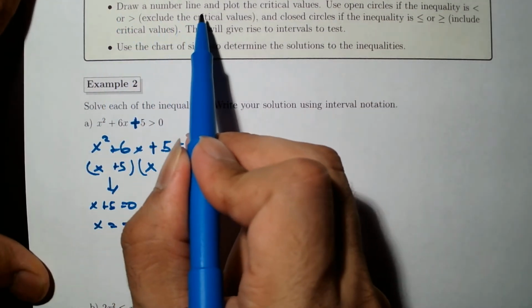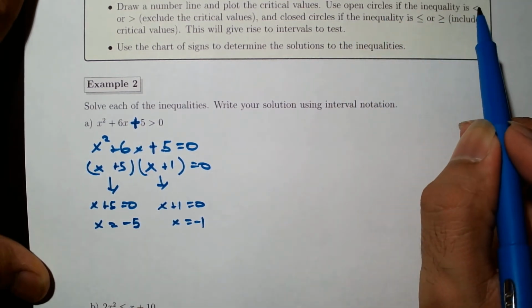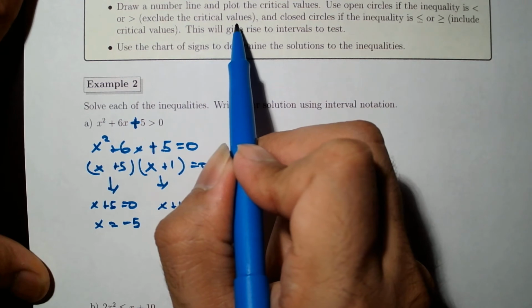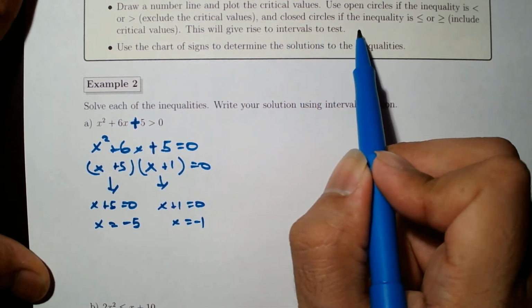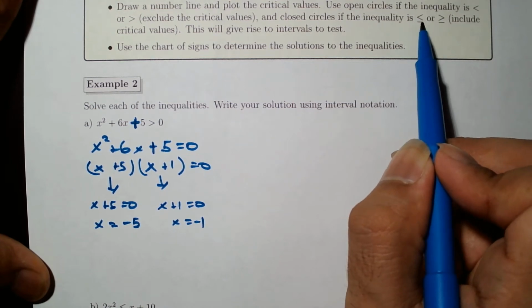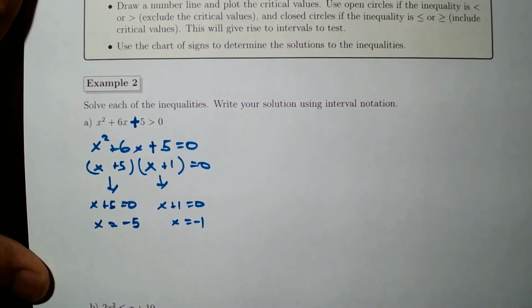Draw a number line and plot the critical points. Use open circles if the inequality is less than or greater than, which excludes the critical values, and closed circles, or full bubbles, if the inequality sign is less than or equal or greater than or equal. In those cases, we include critical values.